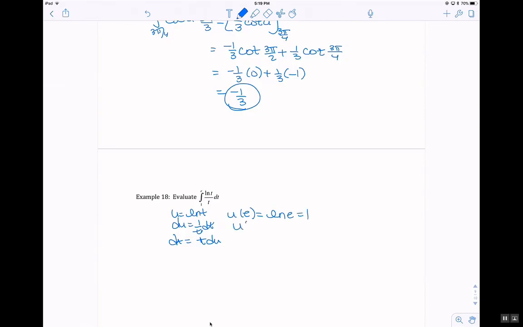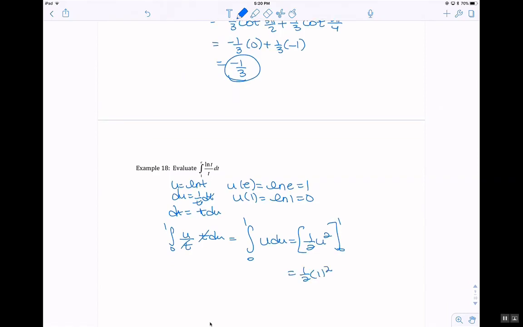So I get the antiderivative from 0 to 1 of u over t and then t du, so the t's cancel out. I'm left with 0 to 1 of u du, which is 1/2 u squared, evaluated from 0 to 1, so 1/2 times 1 squared minus 1/2 times 0 squared, so I get 1/2.